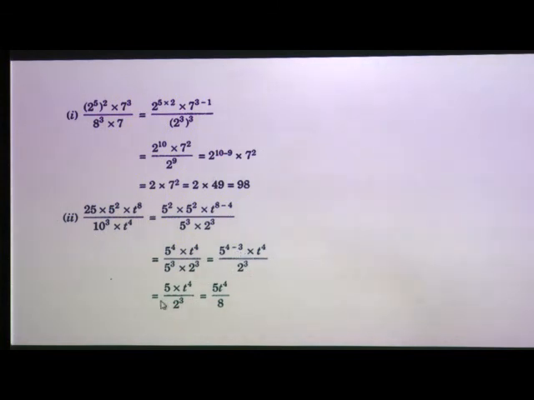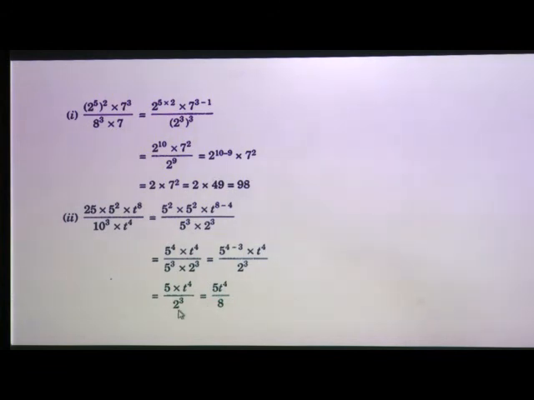After solving, we will get 5 into t raised to power of 4 upon 2 raised to power of 3. Now, you can write 5t raised to the power of 4. We are not putting a bracket here because the power does not belong to the 5, it is only on the t to the power of 4.